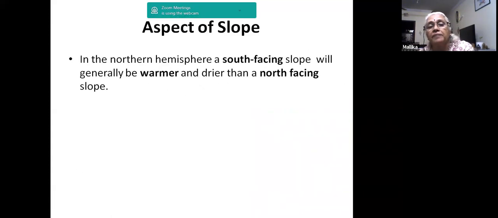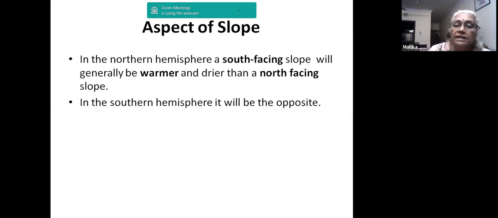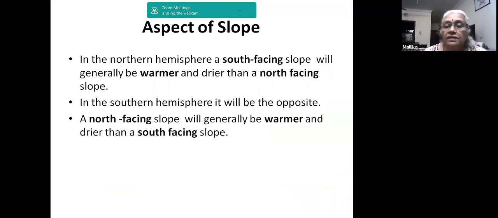So aspect of slopes. In the northern hemisphere, the south-facing slope will be warmer and drier than a north-facing slope, and the southern hemisphere will be just the opposite. And a north-facing slope will also be drier than a south-facing slope. Okay, so north-facing slope in the northern hemisphere, and again vice versa in the southern hemisphere.